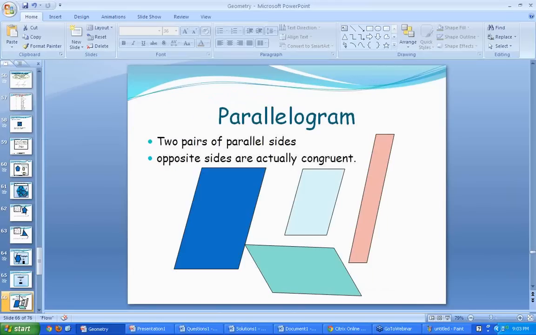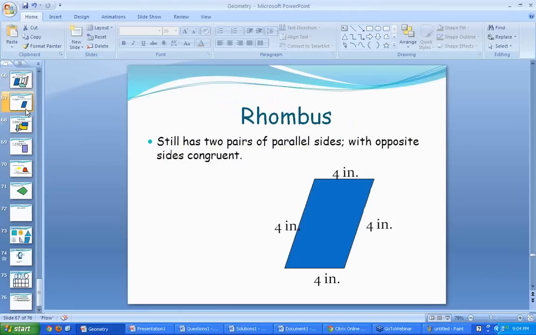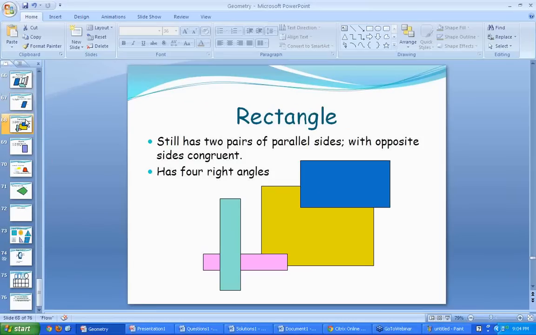Parallelogram I have already told you. So I think now we are nearing the completion. Rhombus is a special case of a parallelogram which has opposite sides parallel, opposite sides equal. Rectangle is a special case of a parallelogram which has opposite sides equal and angles 90 degrees.